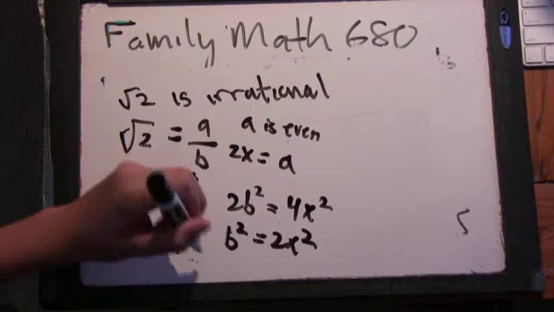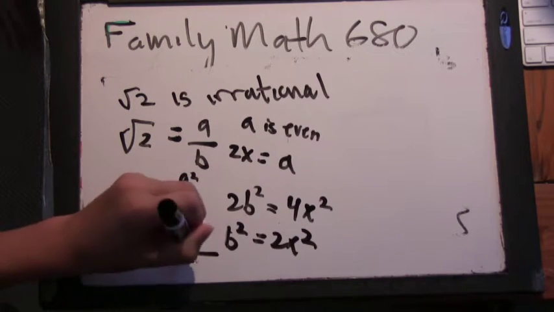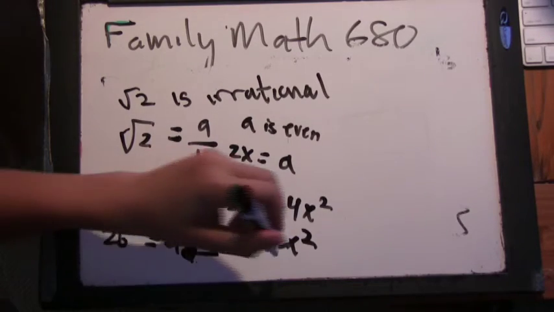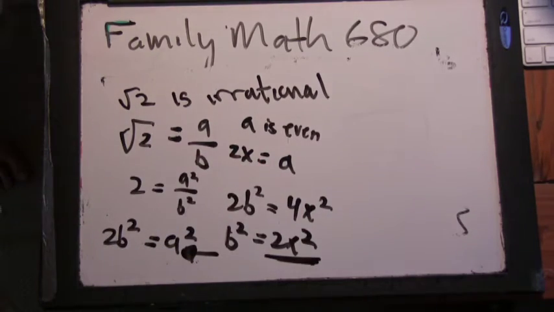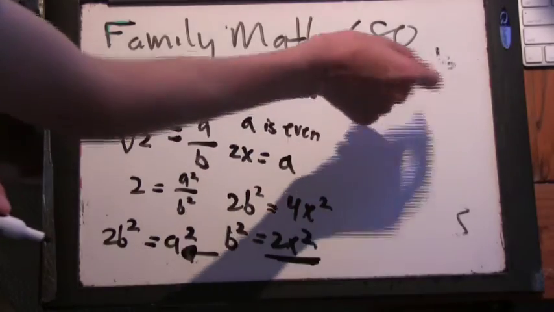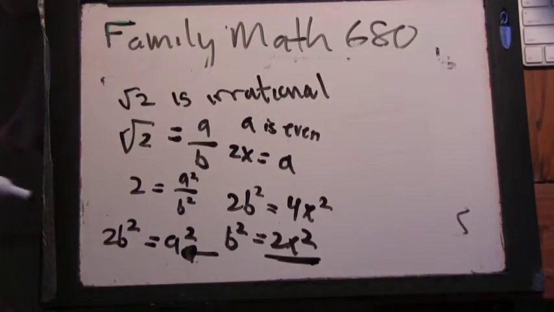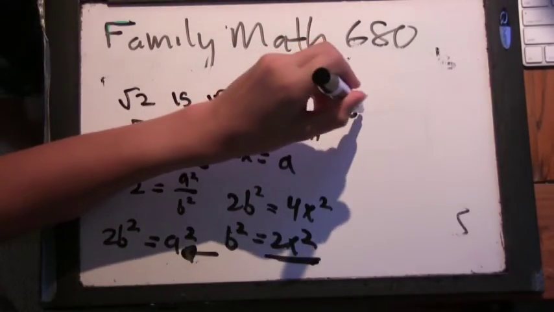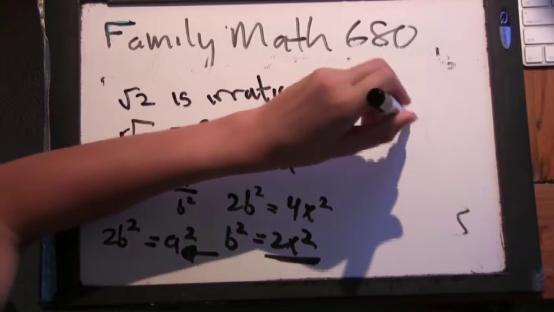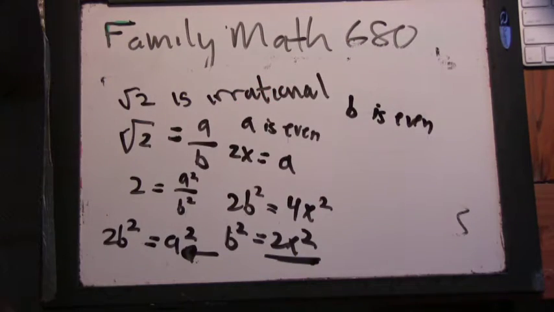Now we have the same thing we had here, where b has to be even now, because we have an x squared on this. So that means you could divide the fraction by 2 on both top and bottom. a and b are even. That means you could simplify it, but we had it simplified down to where they were relatively prime before.